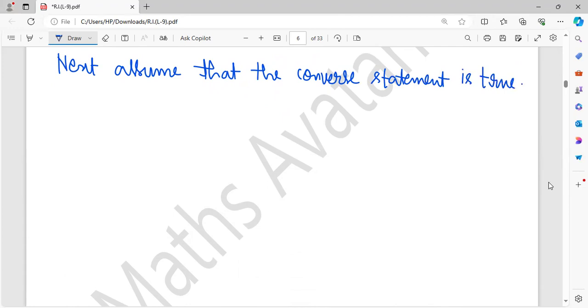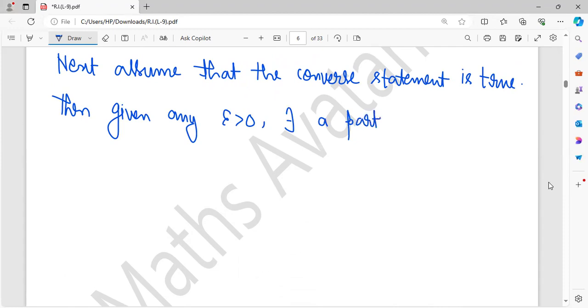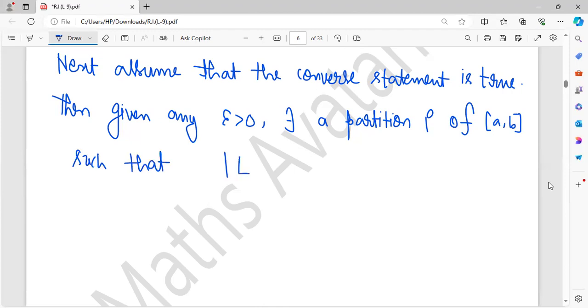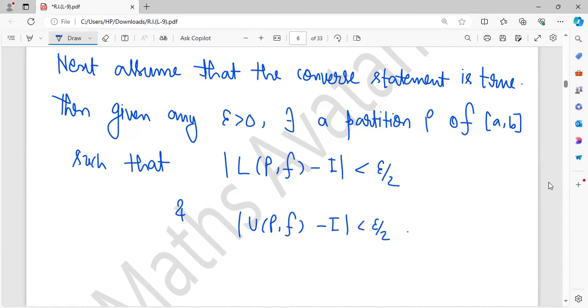Then, given any epsilon greater than 0, there exists a partition P of [a, b] such that I minus L(P,f) is less than epsilon by 2 and U(P,f) minus I is less than epsilon by 2.